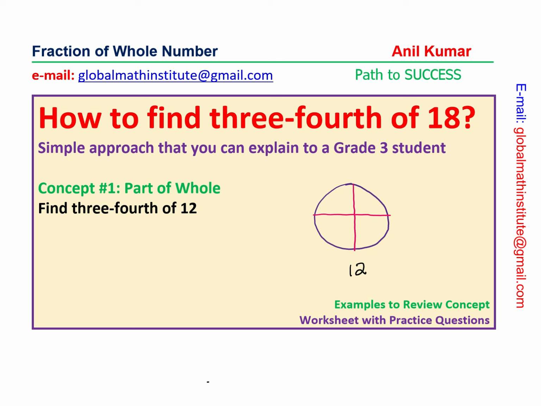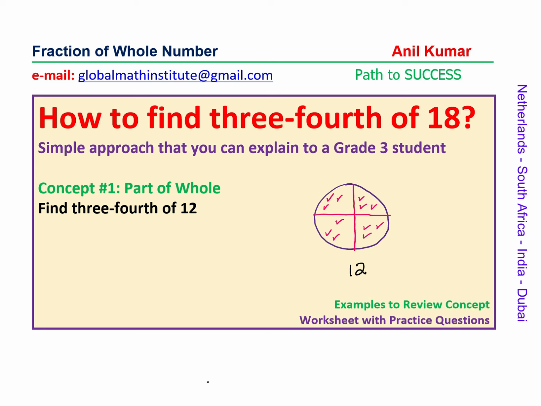So we have 12 pieces. We are going to distribute them equally in each part. So let's say we have 1, 2, 3, 4, 5, 6, 7, 8, 9, 10, 11, 12. So these 12 pieces now have been distributed in these 4 quarters.